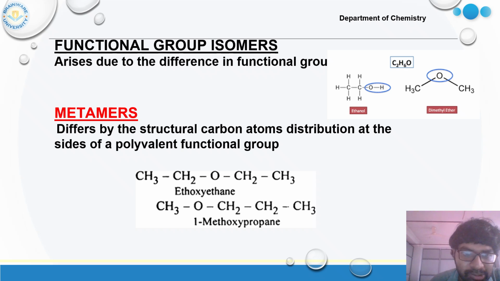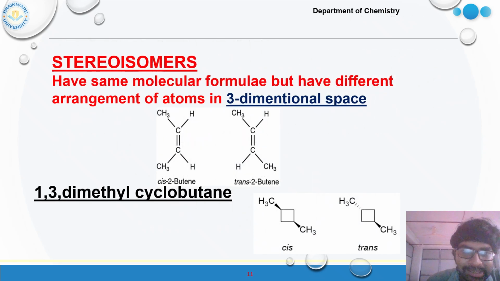Now we will proceed to stereoisomers. Just look at this. In the first one, two CH3 groups are on the same side, so we call it cis. In the second one, two CH3 groups are on the opposite side, so we call it trans. So their molecular formula is the same, but the position of atoms in three dimensions is different.